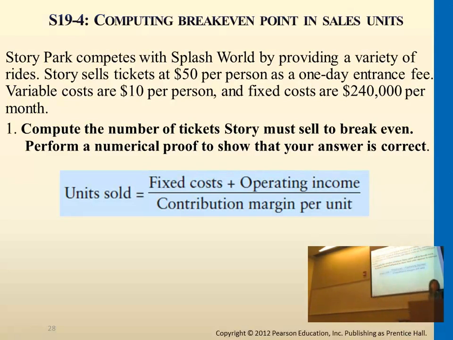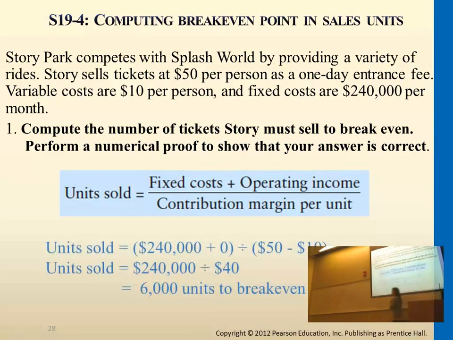Now how do we double check whether this answer is correct or not? You want to double check whether this 6,000 events is correct. Go from the top to bottom, sales revenue. 6,000 tickets will give us how much sales revenue?